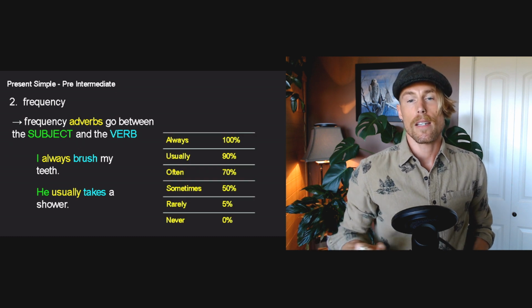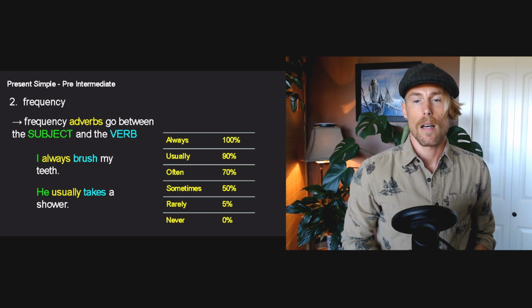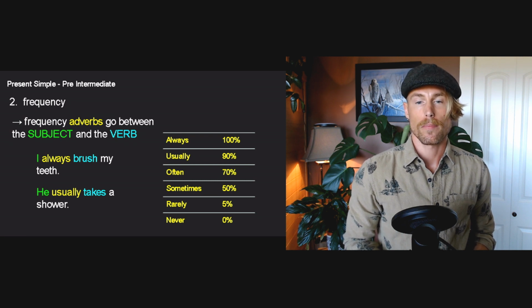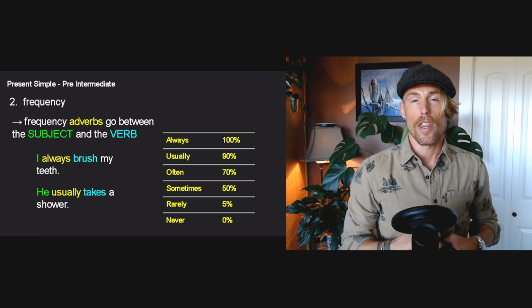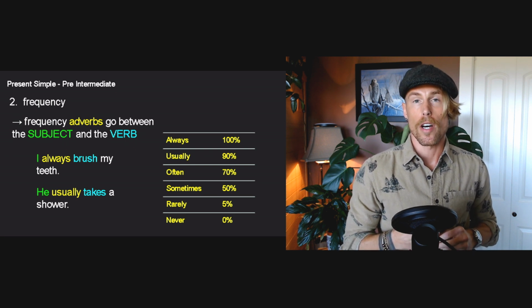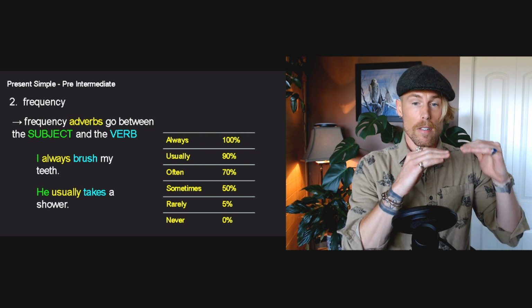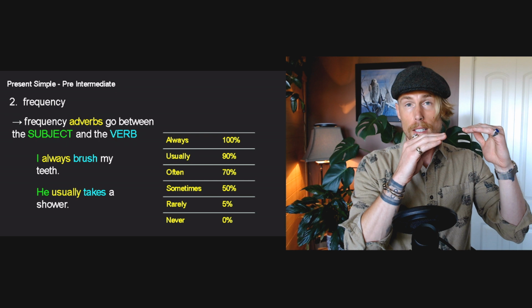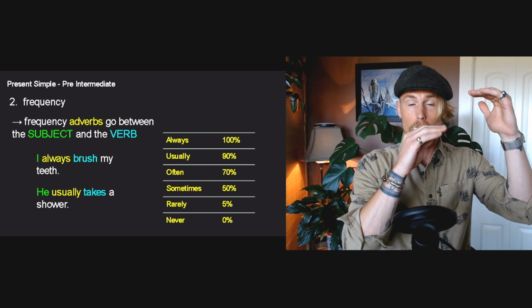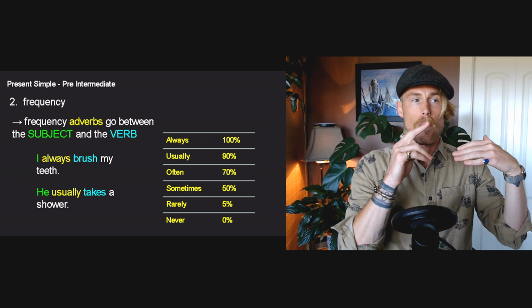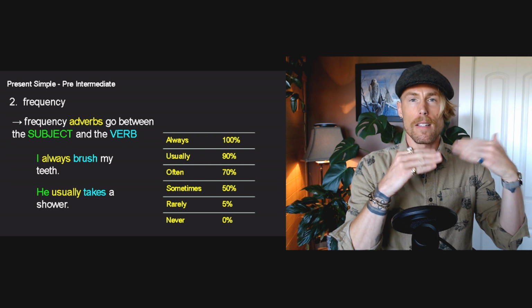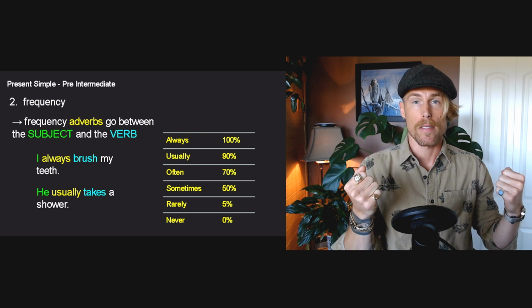You can see the list of common frequency adverbs. And the number, the percent, 0, 5, 50, 70, 90, 100, this is how often something happens.